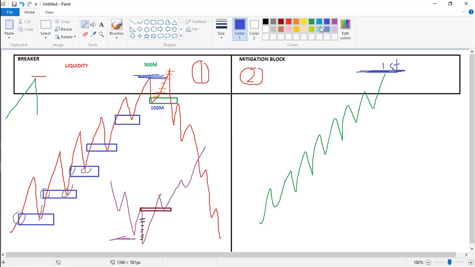Once they sell, price comes down, right here. But let's say there are more sell orders coming into the market. So when they sell here, another huge sell order comes in, but it's up here. Remember, they don't want to sell low, they want to sell high. So what they will do is like what they did here.